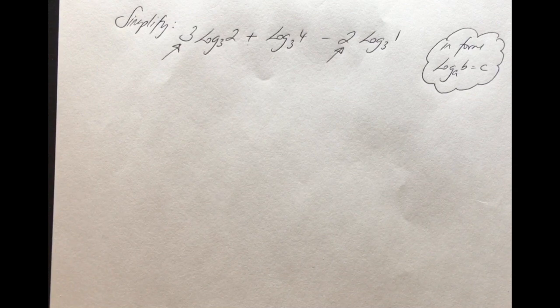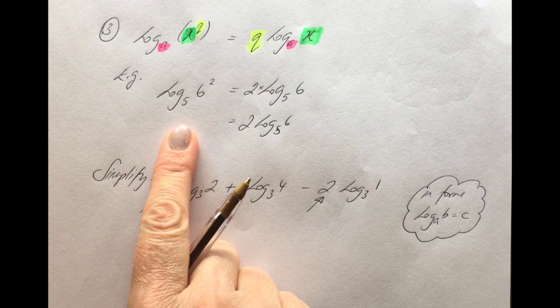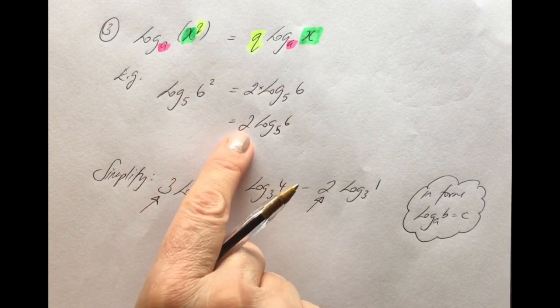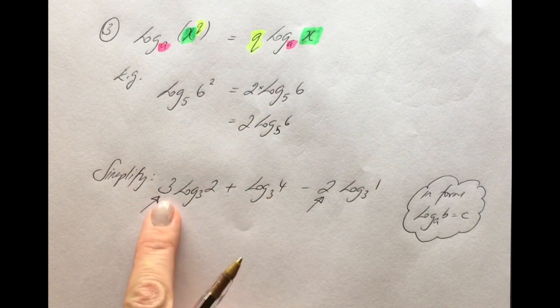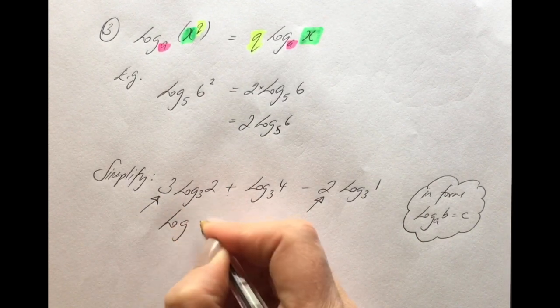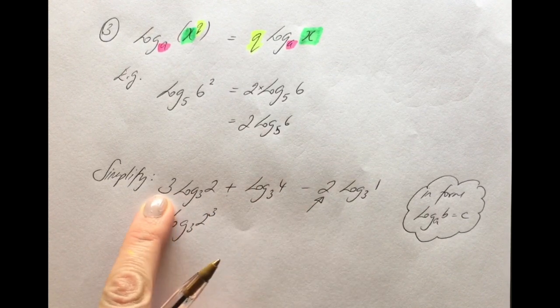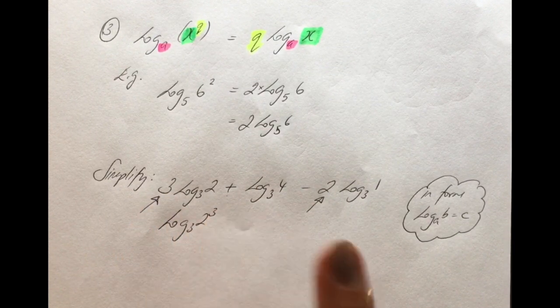So the first thing I'm going to do is use my third law to rewrite this, okay? So if I have something in front, I can rewrite it as log 2 in the base 3 cubed, bringing that 3 from in front to the power, okay?